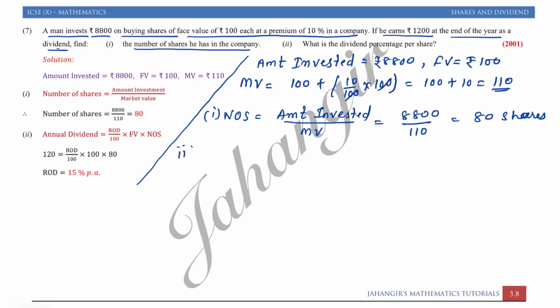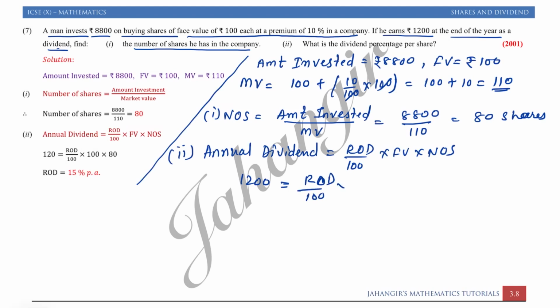Now the second part, where we want the rate of dividend. We can easily find the rate of dividend using the dividend formula. So we can write annual dividend is equal to ROD upon 100 into face value into number of shares. The annual dividend is 1,200, that is equal to ROD upon 100 into face value 100 into number of shares 80. Zeros get cancelled.